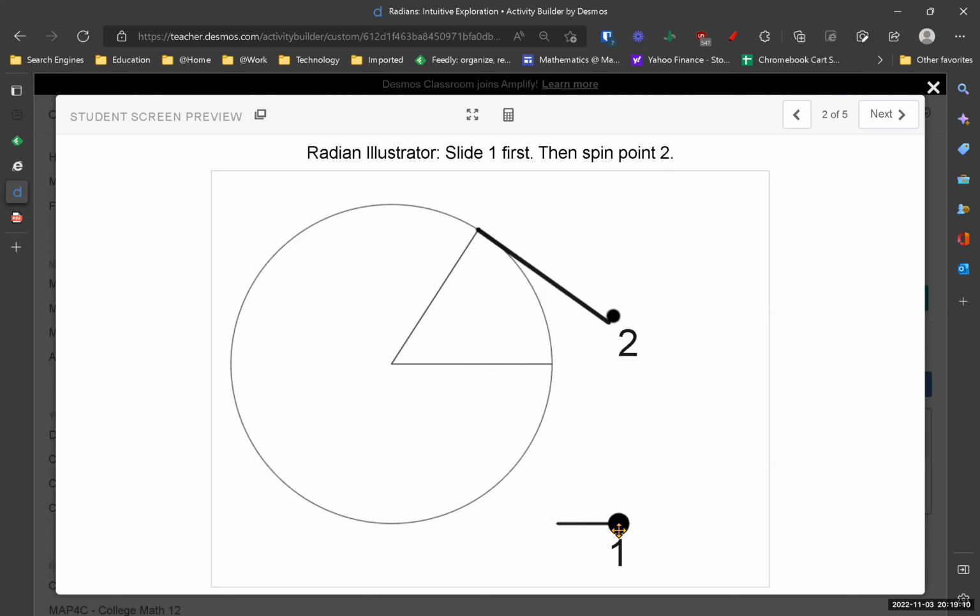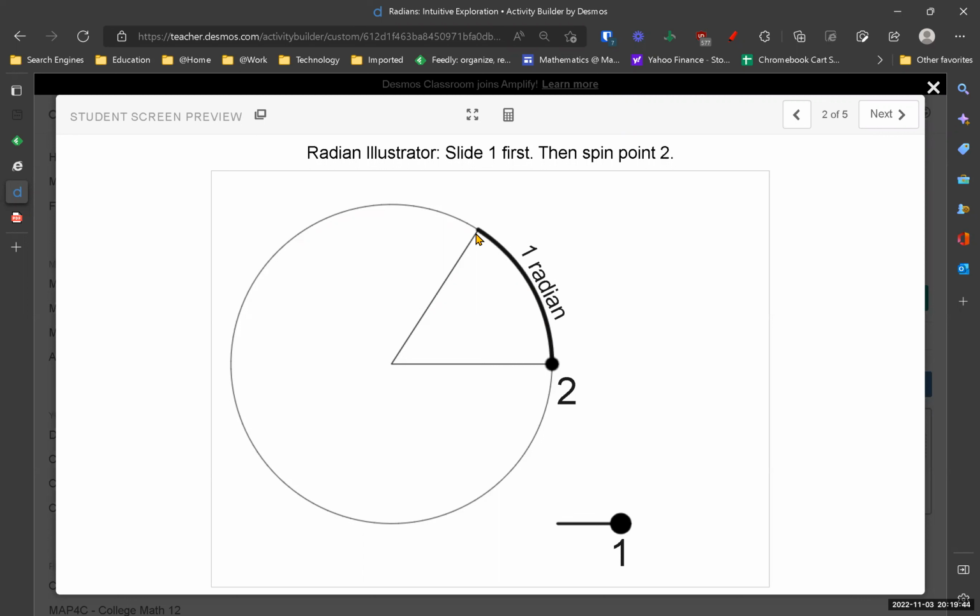The radius is not quite an arc yet, but if I took the length of this radius and twisted it so that it perfectly aligns with the circle, then what I've just created is called a radian.